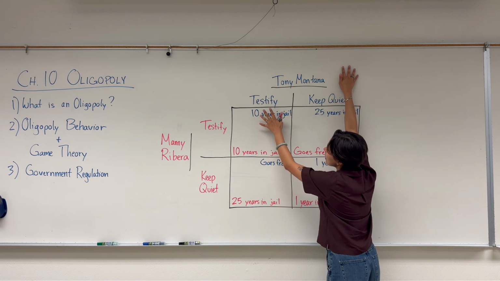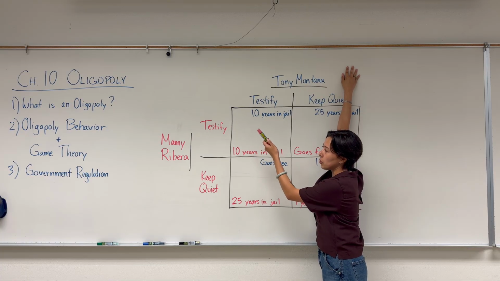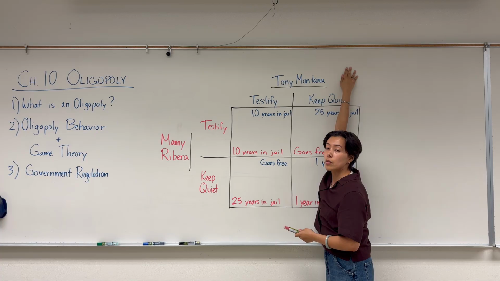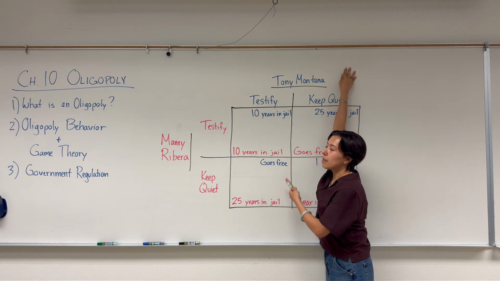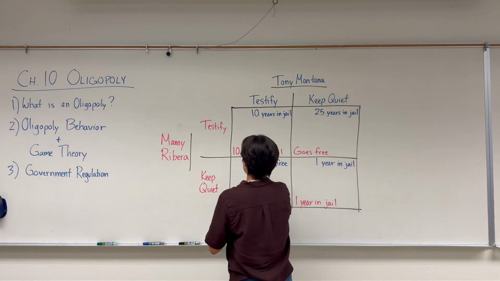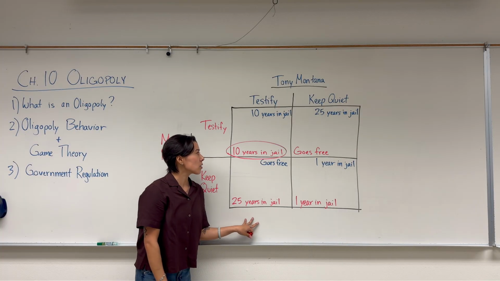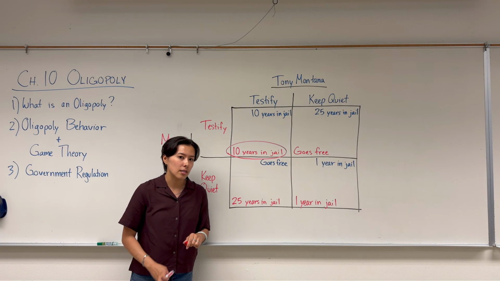So hypothetically, if Tony Montana were to testify, Manny has the choice between testifying and serving 10 years in jail or keeping quiet and serving 25 years. So if Tony has already testified, Manny is also going to want to testify. 10 years in jail is less than 25 years. So if Tony testifies, Manny should also choose to testify.